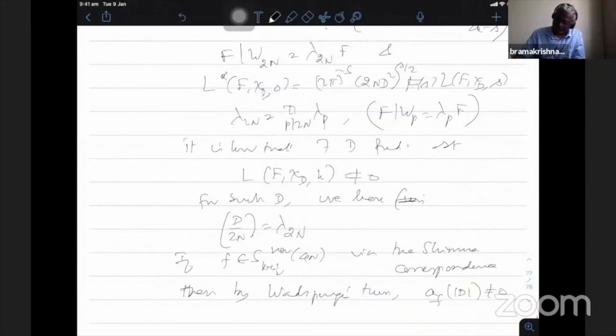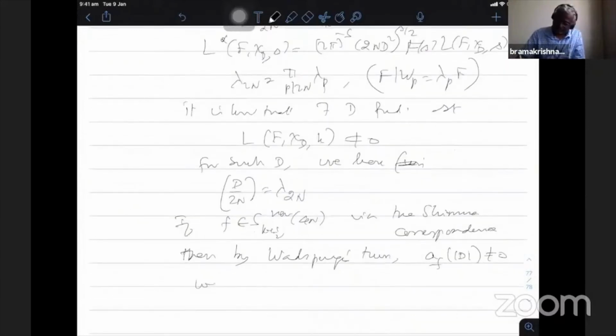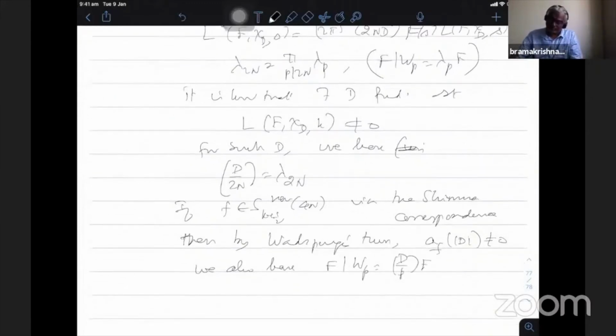So note that in this case, we also have F|W_p is (D/p) F. When you look at this condition, the λ_p goes away. This is equal to λ_2 times the product over p dividing n of (D/p). The (D/n) cancels.